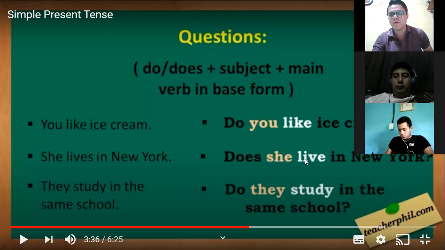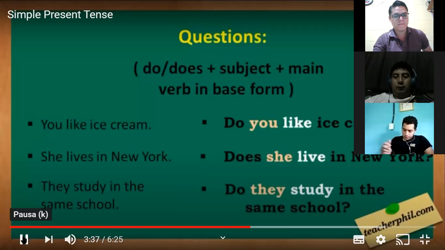They study in the same school. Do they study in the same school? Why do? Because you have they. And remember the verb in its base form, like, live, study. So this is the formula.